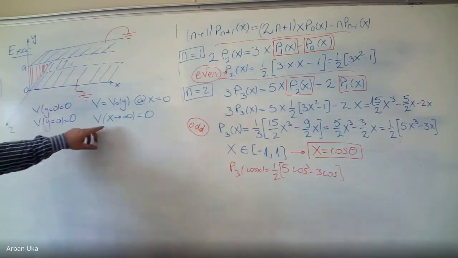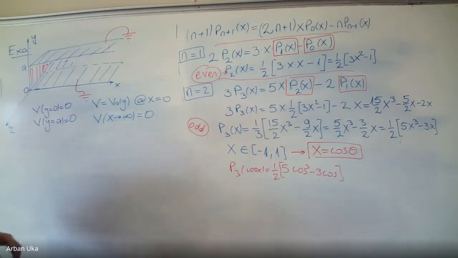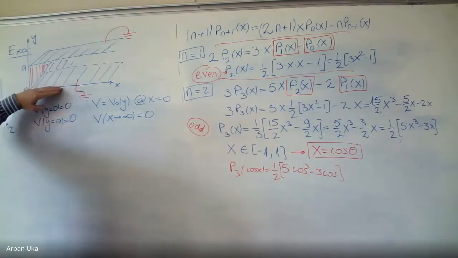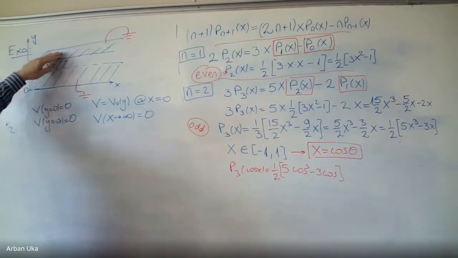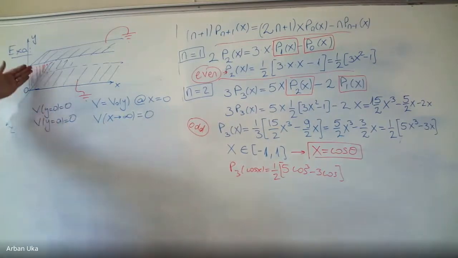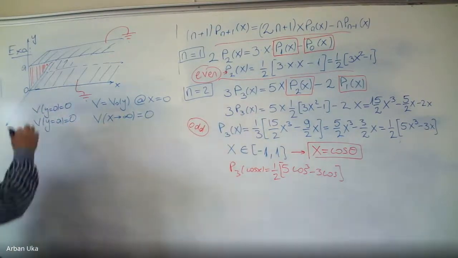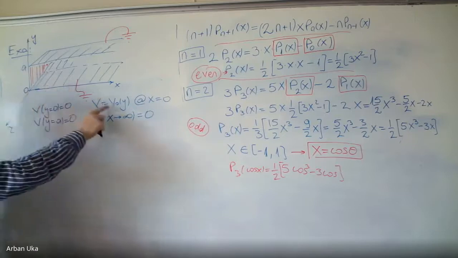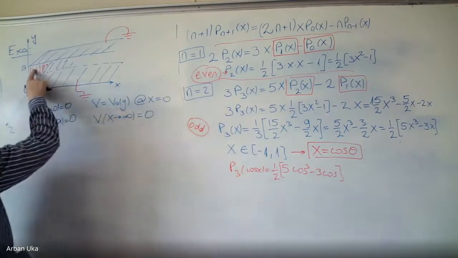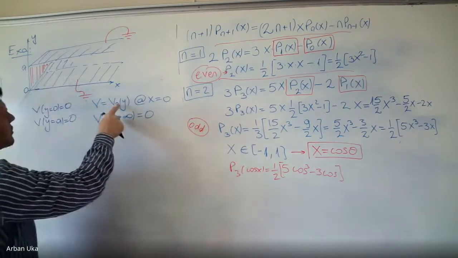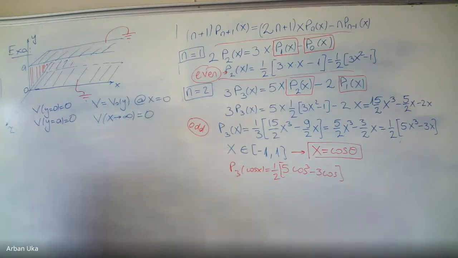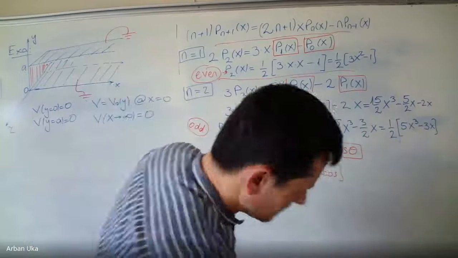So we have four different initial conditions, which means that the bottom plate is grounded, potential is 0, the top plate is grounded, potential is 0. This plate, which is in red, has a non-zero potential, it is some function of y, okay? So this is all we are given for this specific problem.